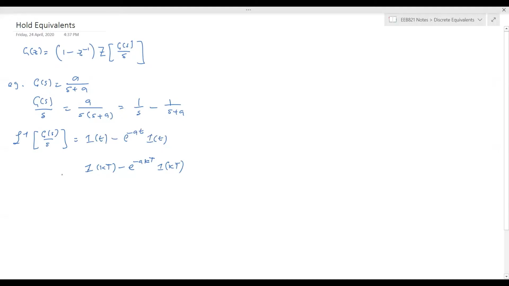If we do the z transform of this function, for the first one we get z over z minus 1, minus, for the second one, z over z minus e to the power minus a T. You can refer to the z transform table for this.